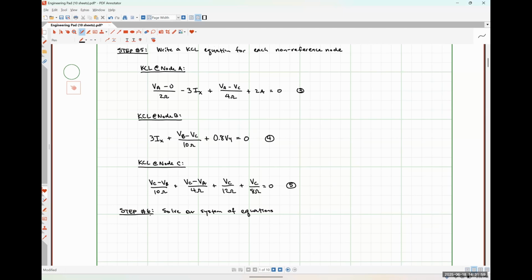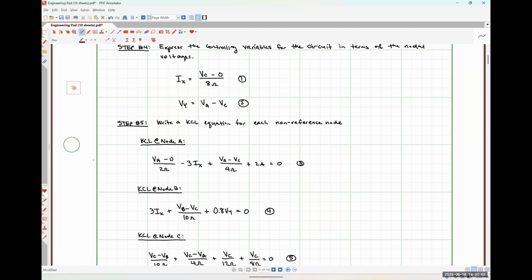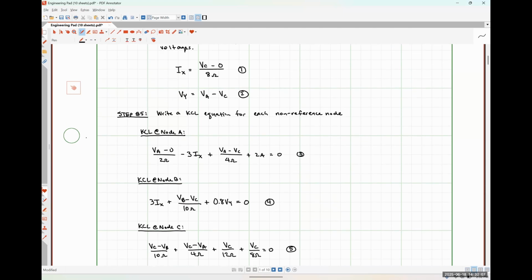Anytime I see Ix, I'm just going to replace it with my expression for Ix, which is just Vc over 8. And anywhere I see Vy, I'm going to replace it with that equation 2, where Vy is simply equal to Va minus Vc.